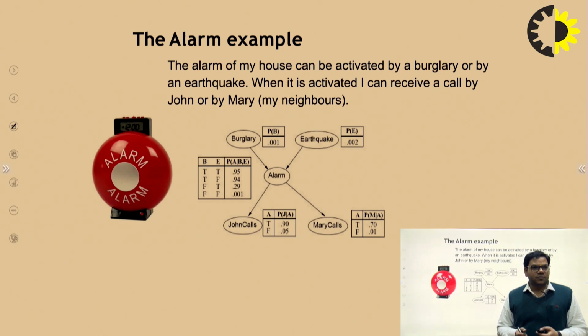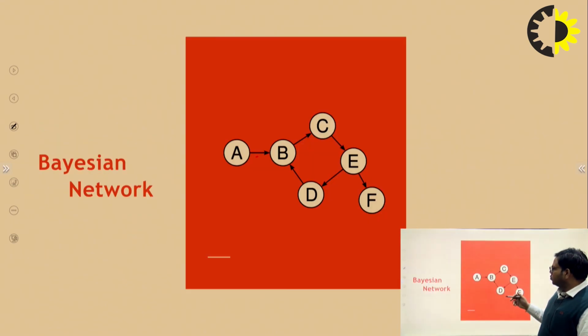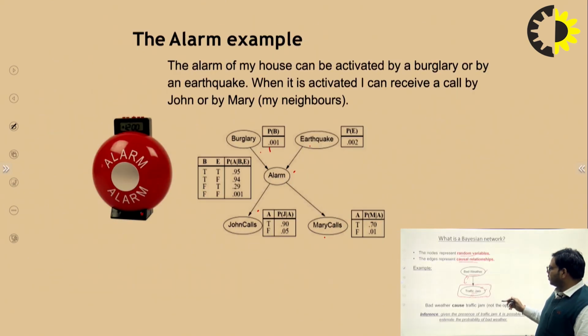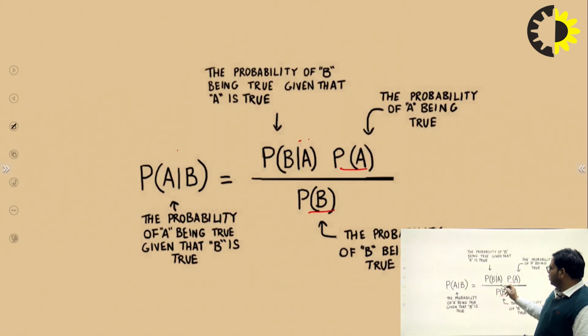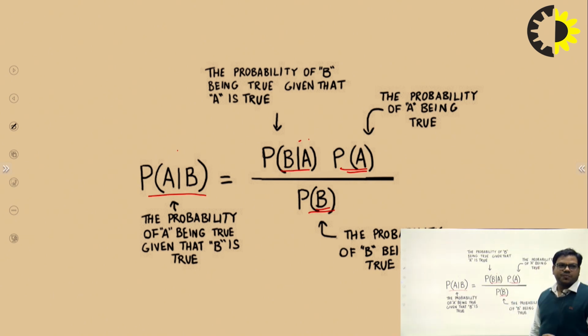This is again the same thing. Another very standard example, the alarm example, a very popular example for Bayesian networks. Likewise, it has some nodes, some events, and their association with each other. What we need to calculate are these individual probabilities, P(A), P(B) and so on. If I have all of these, I can infer P(A|B).